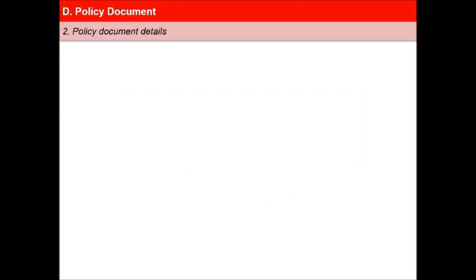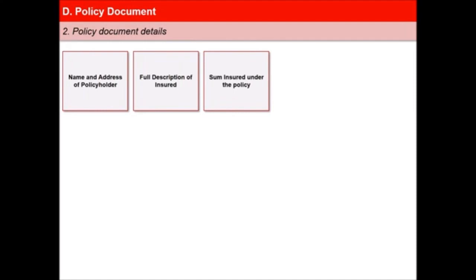IRDA regulations for protecting policyholders' interest specified that a health insurance policy should contain the name or names, an address or addresses of the insured, and any other person having insurable interest in the subject matter. Full description of the persons or interest insured. The sum insured under the policy person and or peril wise.